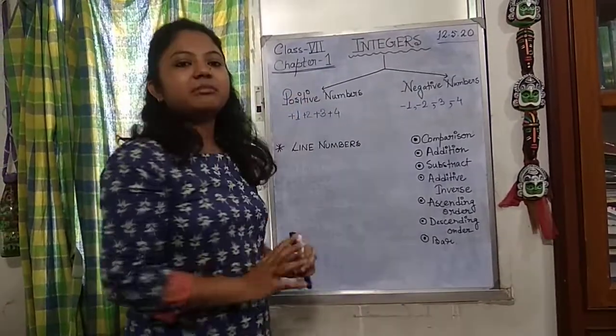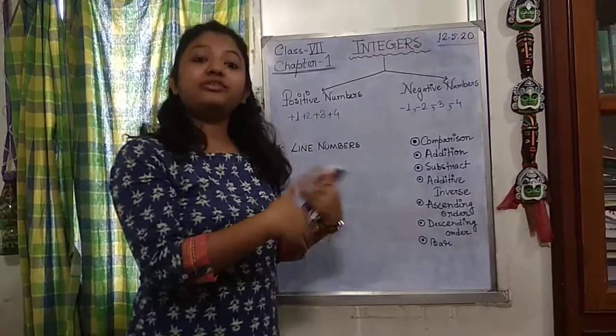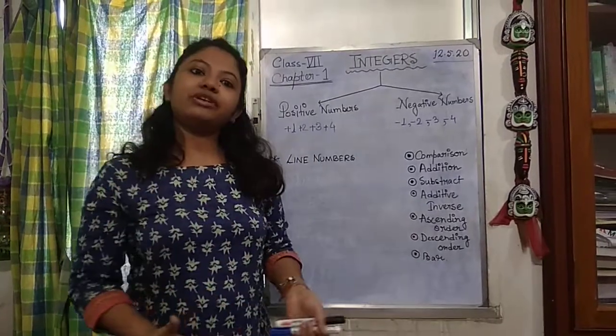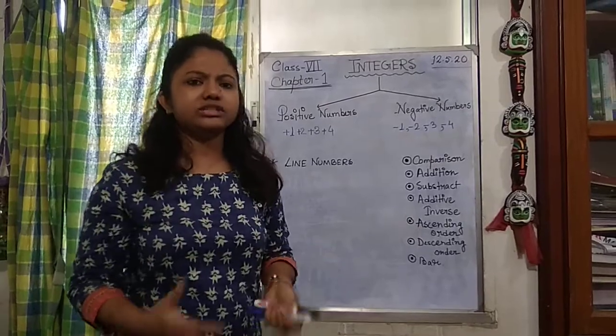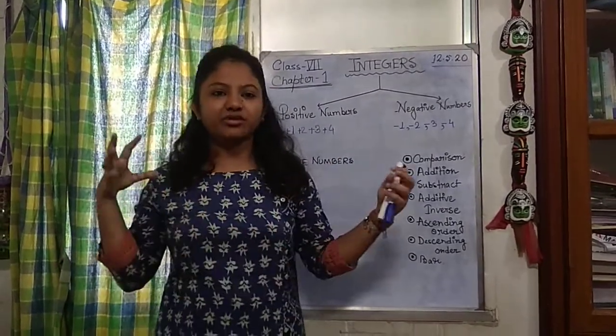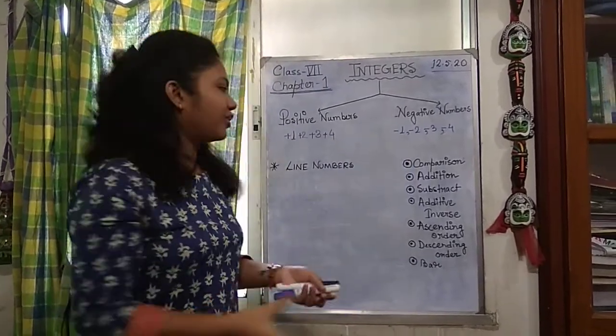So positive numbers are the heroes of the movie and the negative numbers are the villains. What happens in every movie is that the positive people, the heroes, keep on saving the world, and the negative villains try to interrupt their action by their mischievous actions.